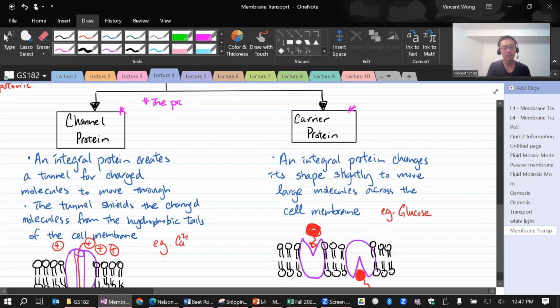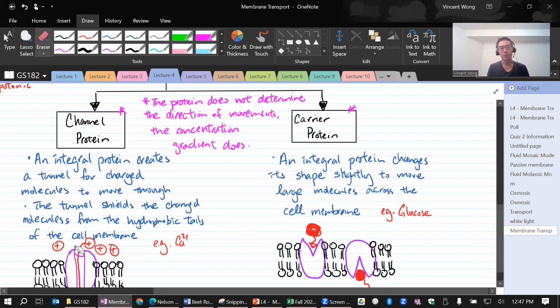The membrane protein does not determine the direction of movements. The concentration gradient does.